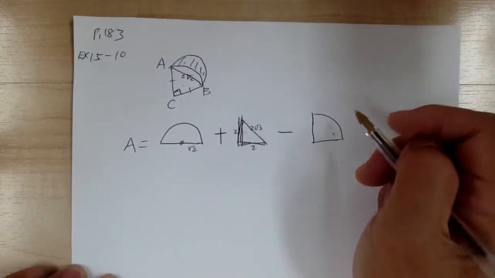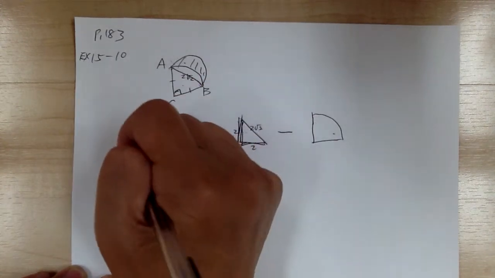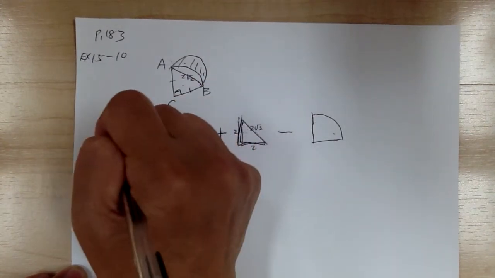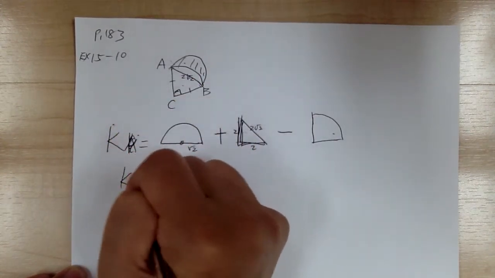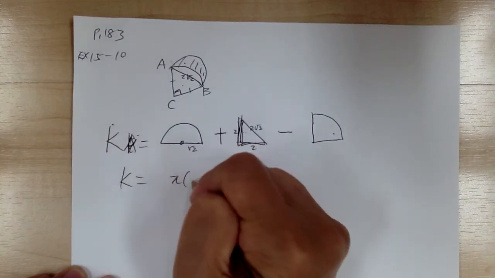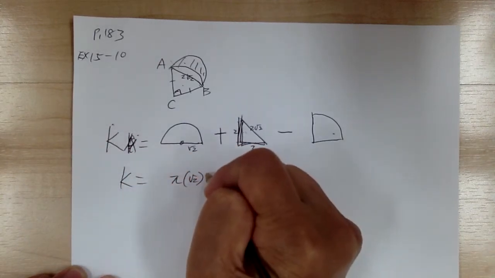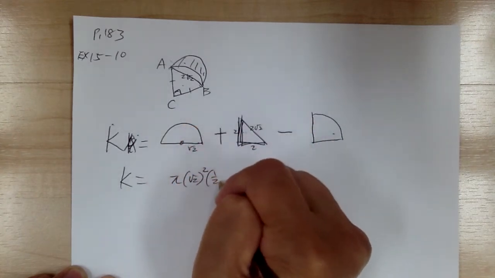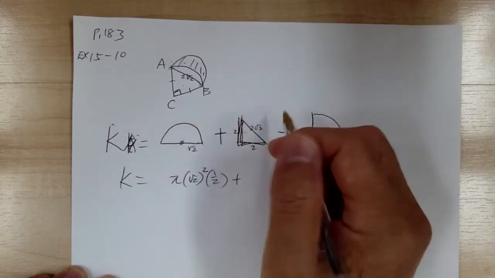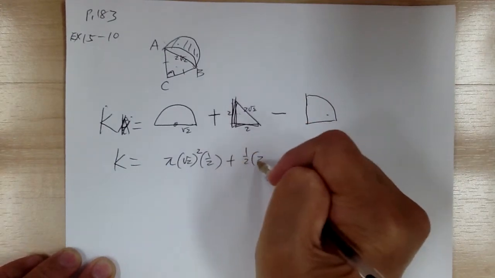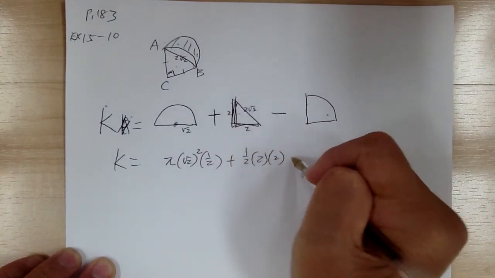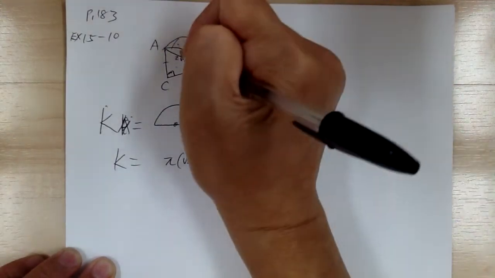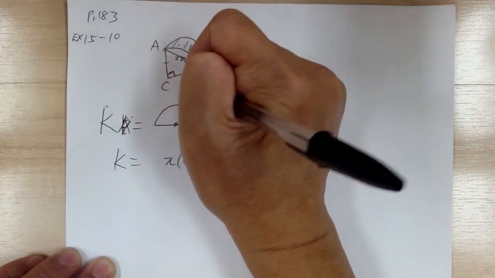Okay, let's use K. So K equals pi r square, and it's only half of the circle, so times 1/2. This is the triangle, so it'll be 1/2 base times height, minus, and this would be a 2.